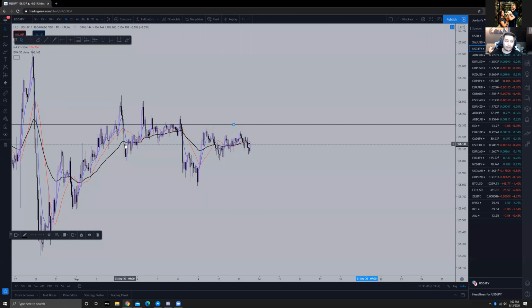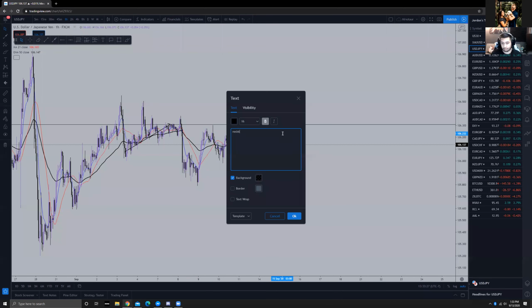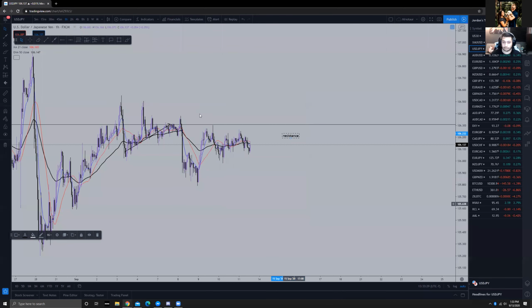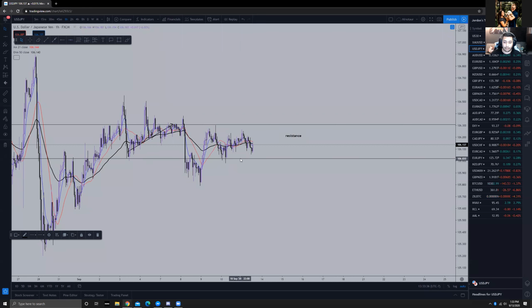Whenever you hear someone saying we're at a resistance, that basically means that we have price action coming up and testing it. Anytime price action is going up, you're at a resistance. Anytime you've got price action coming down to it, you've got a support.